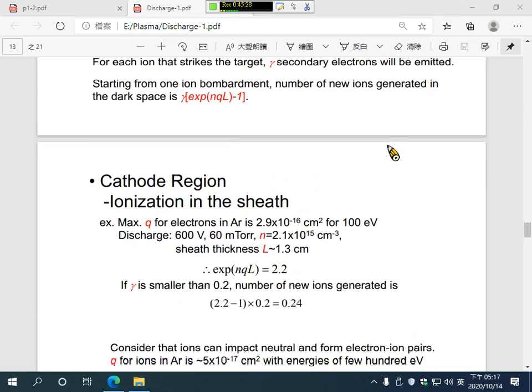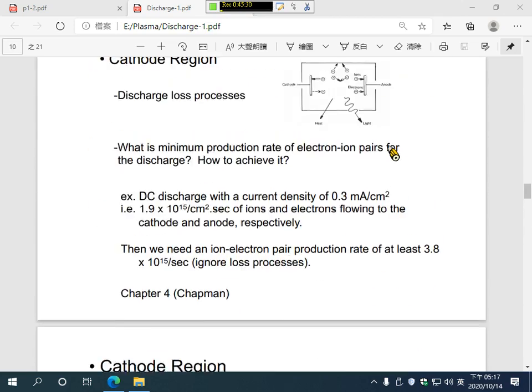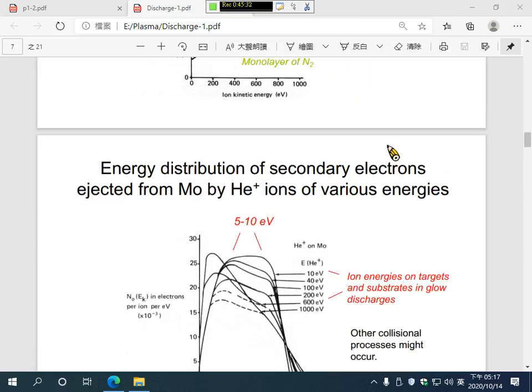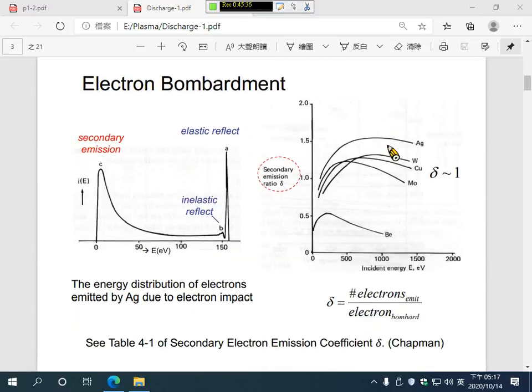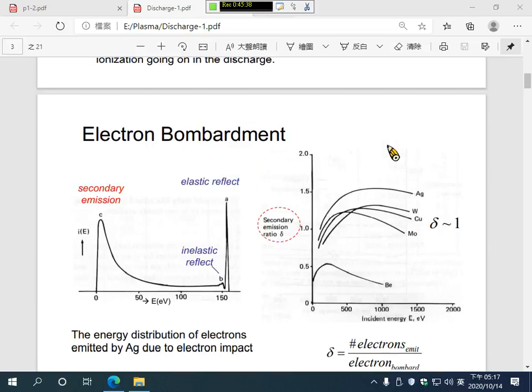And the secondary electron emission yield is delta.